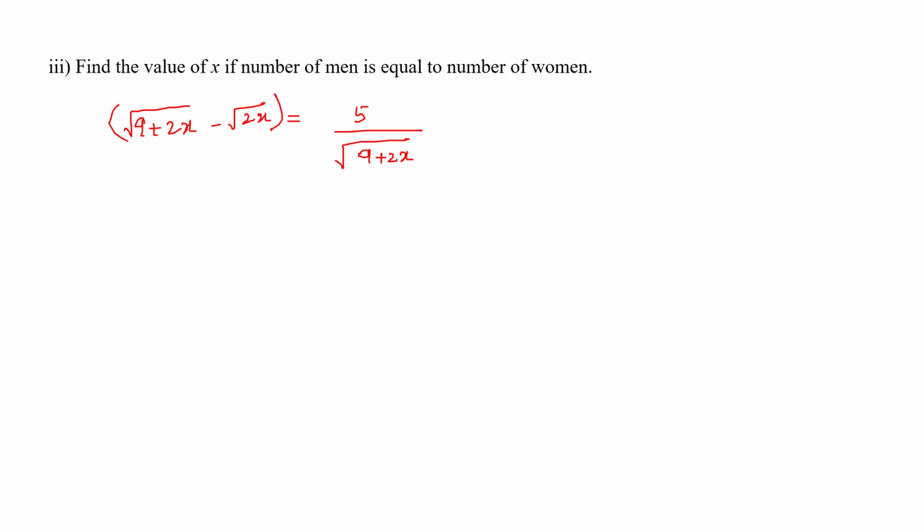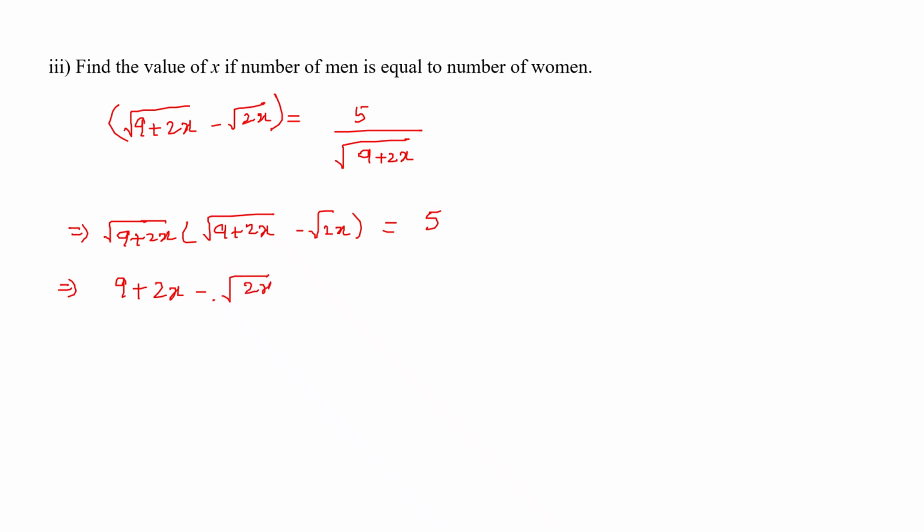Now I'm going to cross multiply. So root of (9 plus 2x) will get multiplied with root of (9 plus 2x) minus root 2x, equal to 5. Now here, root of (9 plus 2x) into root of (9 plus 2x) will become 9 plus 2x, minus root 2x into root of (9 plus 2x), equal to 5.